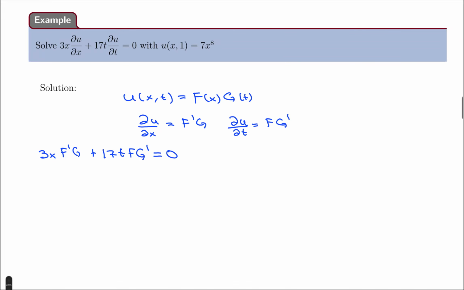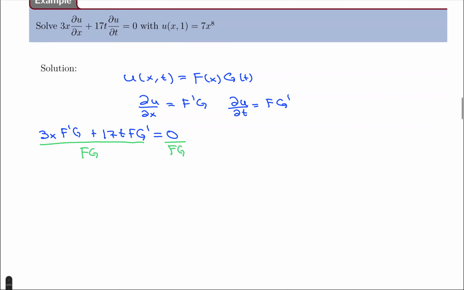The trick here is to divide both sides by the product fg to get the variables separated. That leaves us with 3x f prime over f plus 17t g prime over g equals 0.